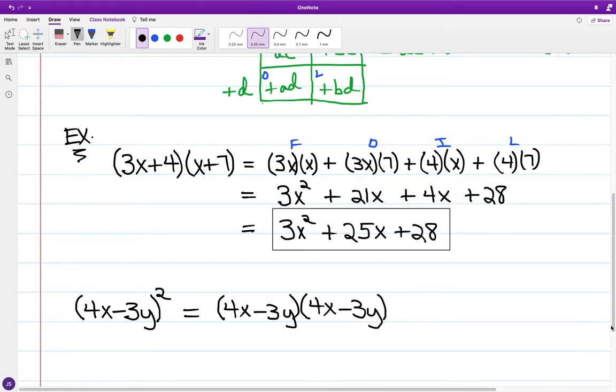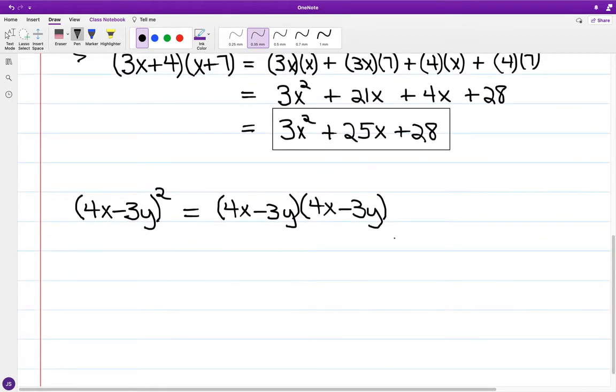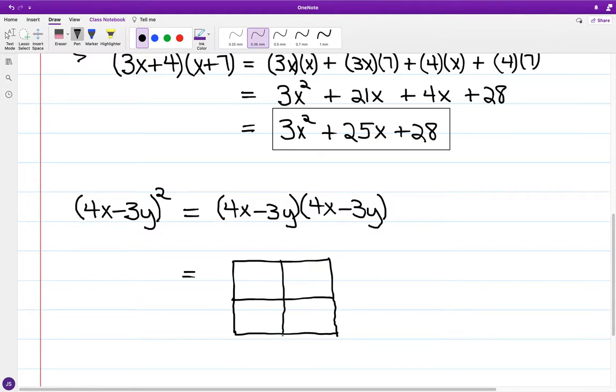For this, you can use the first, outer, inner, last approach like what we did a moment ago, but I'm just going to set this up in geometric terms. Again, you can use either approach.